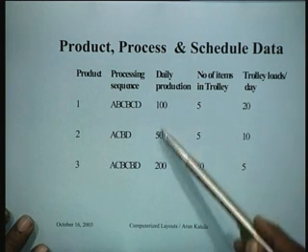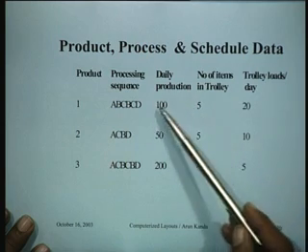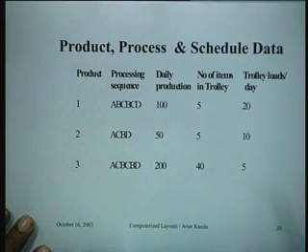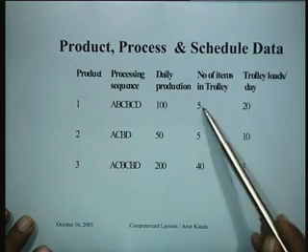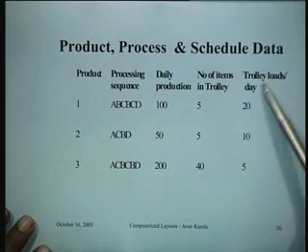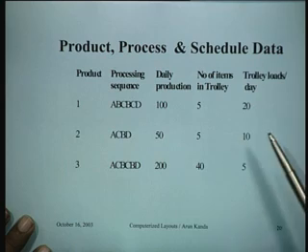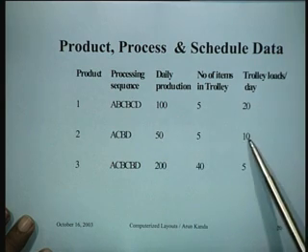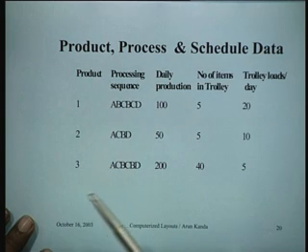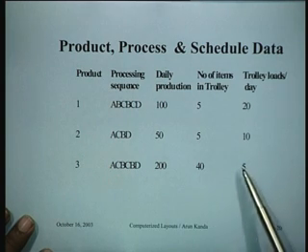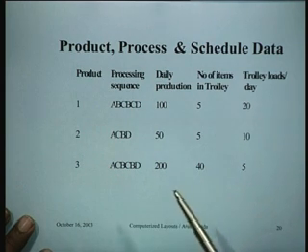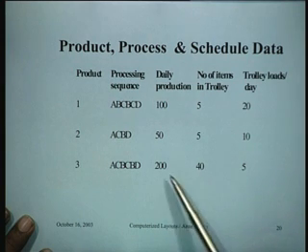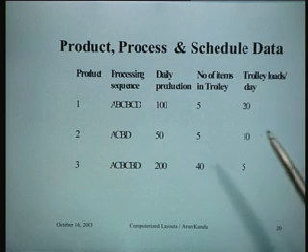So if this is the daily production, we can determine the number of trolley loads that we will see moving in the factory. 100 by 5 is 20 trolley loads per day of product 1, and 50 by 5, that is 10 trolley loads, of product 2, and 200 by 40, that is 5 trolley loads, only 5 trolley loads will be able to carry these items, because these are relatively small items.